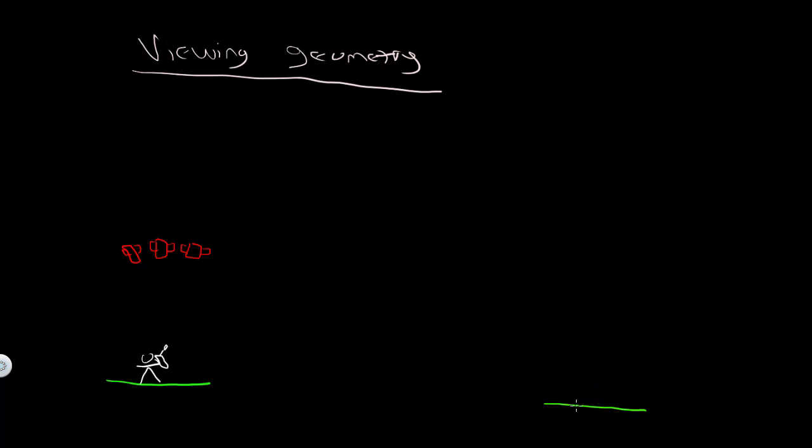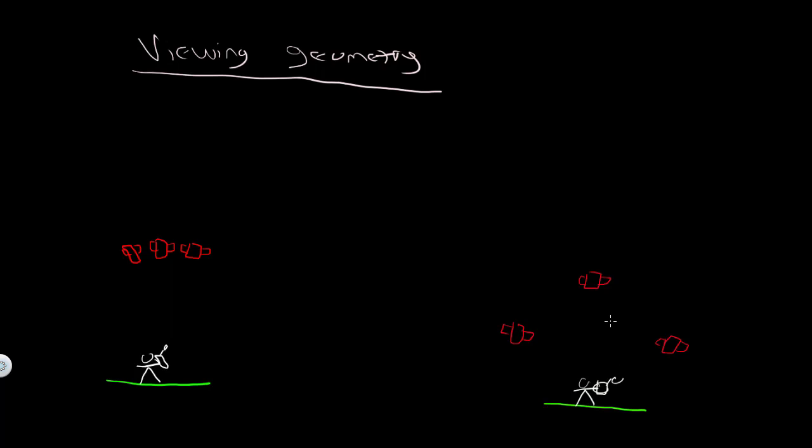You have another example over here, where the person has his little receiver, but the satellites, instead of being all completely overhead relative to the person, maybe you have one over here, you have one overhead like before, and then you have one on the other side of the horizon. These are two different viewing geometries, because the satellites are in different places relative to the receiver. In this case, they're clustered up, and in this case, they're more spread out.